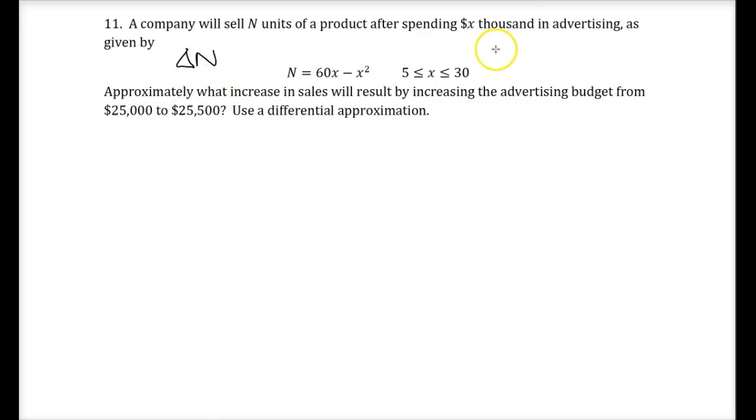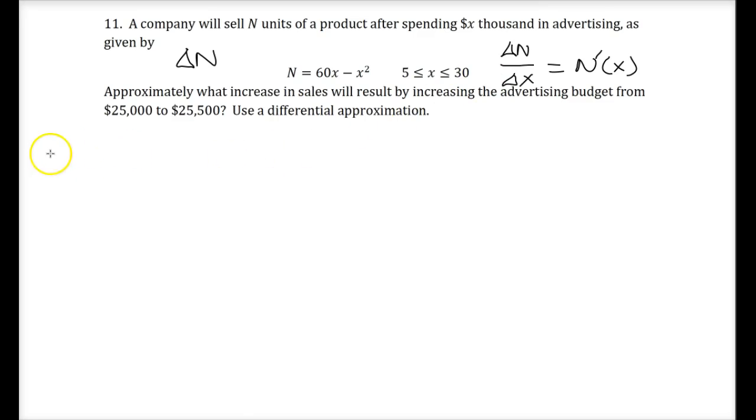From what I said before about dy over dx, we could use delta N over delta x as an approximation of the actual derivative of N with respect to x, or the rate of change. In this course, rate of change is also interpreted as the rate of increase or decrease, or if it's constant, we would say that as well.